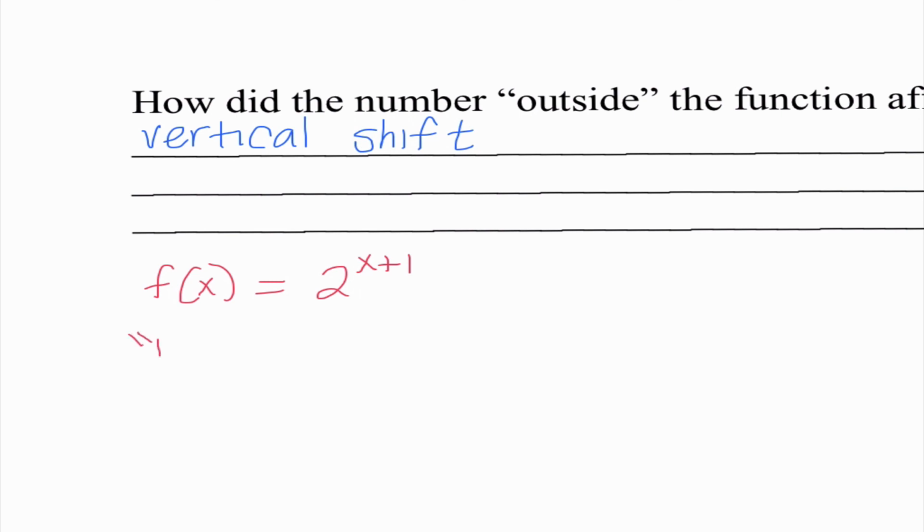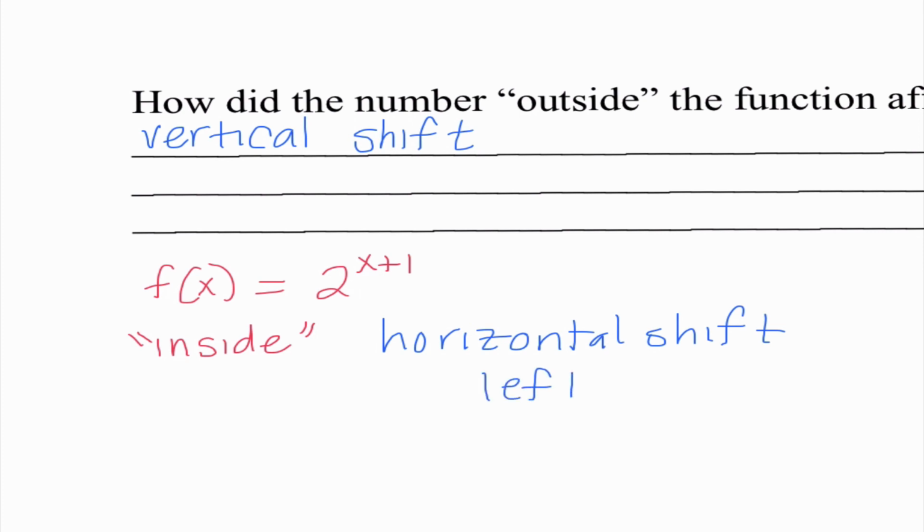So I just want to think for a moment and remind ourselves, how does this value inside the function affect it? This would be a horizontal shift. In this case it would be to the left 1, because we know we always move in the opposite direction.